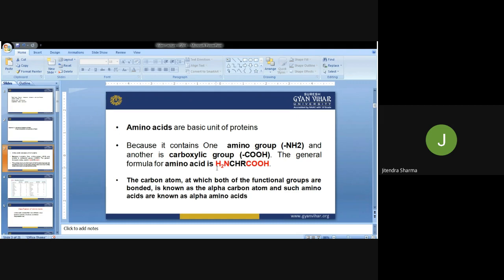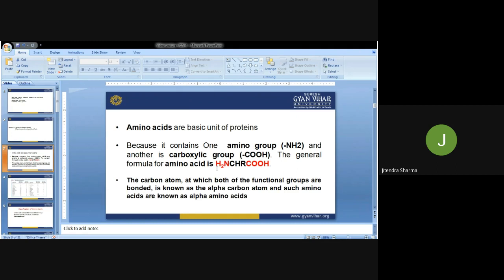Proteins are the combination of amino acids, and they are the basic unit. It means a chain of amino acids is called a protein, and each amino acid contains one amino group and another carboxyl group. Both groups are there.